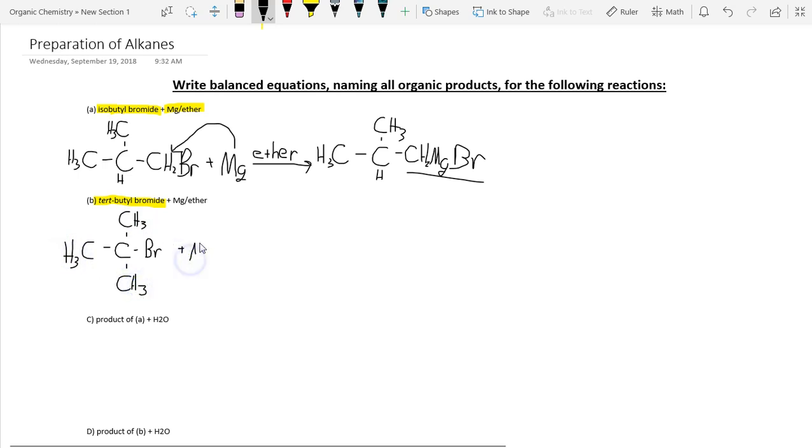And I'll add magnesium and ether. What's going to happen when this one is introduced to magnesium and ether? The same thing: magnesium is going to bond between the carbon and the bromide. So now you're left with a Grignard reagent.